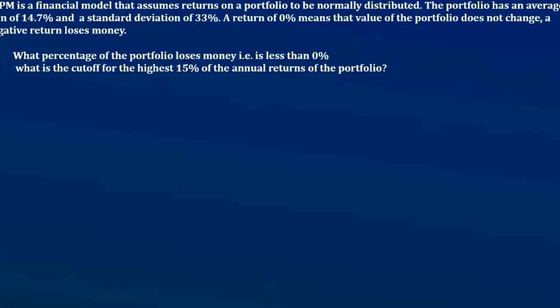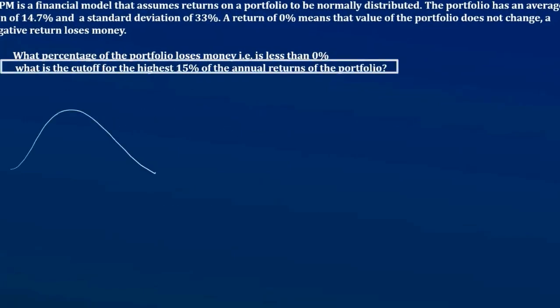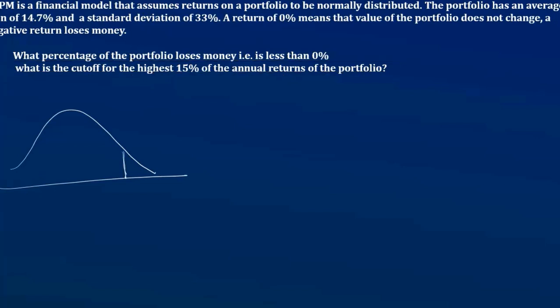To make it a standard normal, which is what we do: what is the cutoff for the highest 15%? What I want is the Z value at this particular point. If this is the 15%, the other way to look at this is 1 minus 0.15, which is 0.85, because at 0.85 I get the area on the left-hand side of the curve.